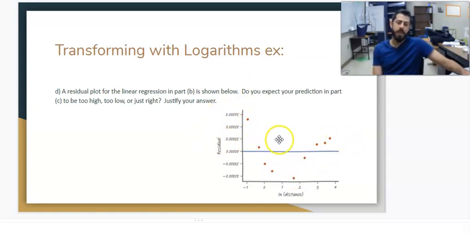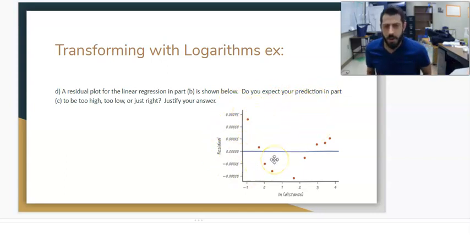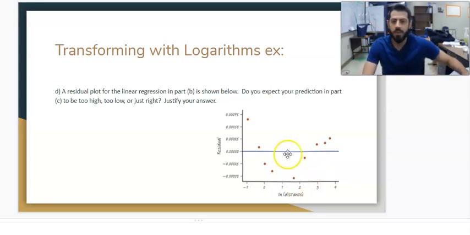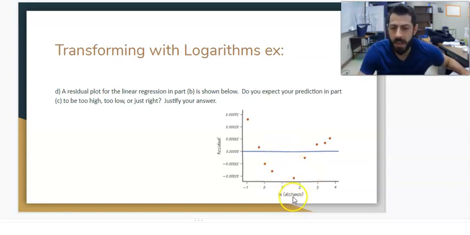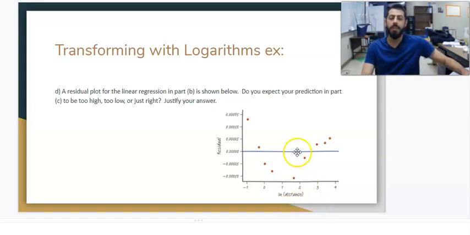So this question specifically is saying, do we expect a prediction to be too high, too low, or just right? Now remember, our prediction was based on the x value of 102.15. So in order to figure out what that would be, we need to find the natural log of 102.15 and see if that is above the actual.